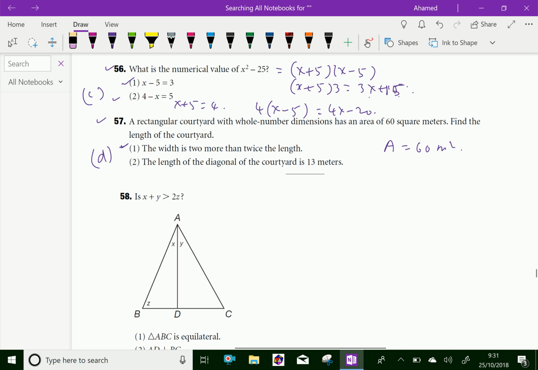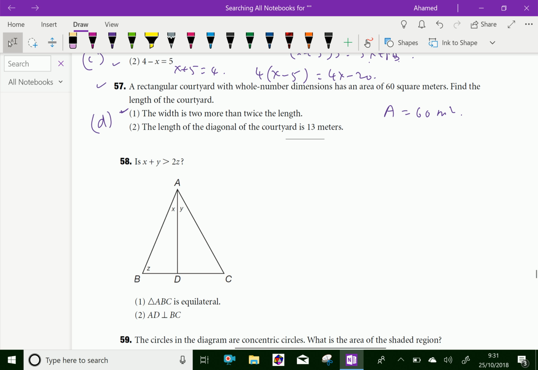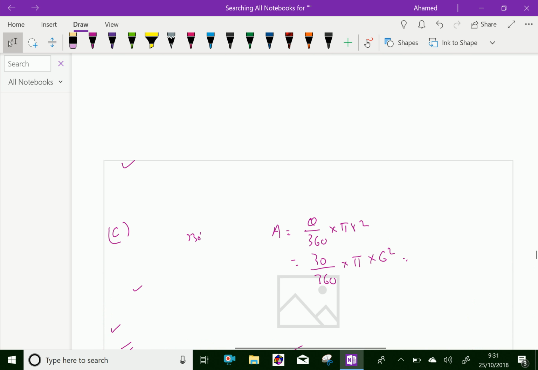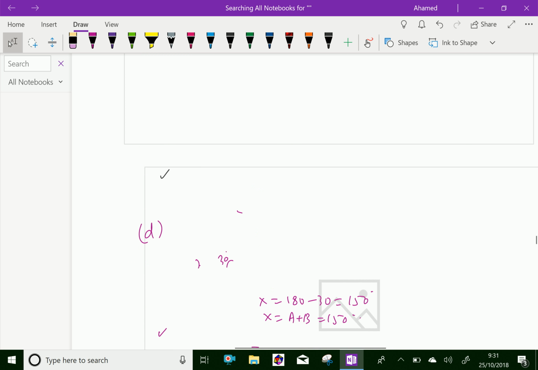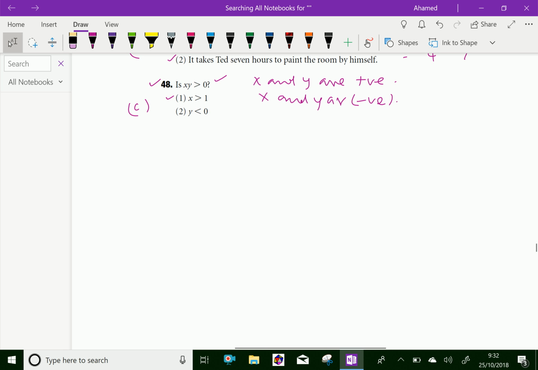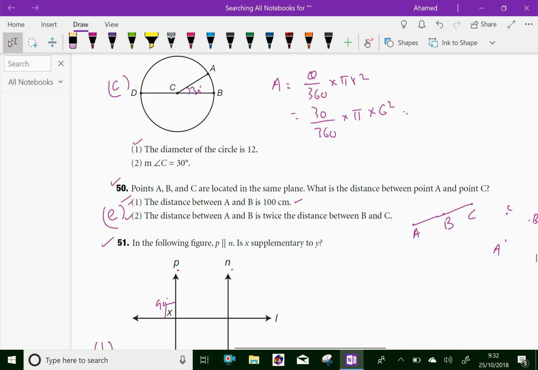That means option D, which can be solved, sufficient. Therefore we can say individually statement 1 or statement 2 is individually enough to solve the problem.